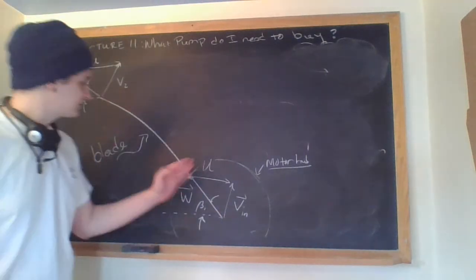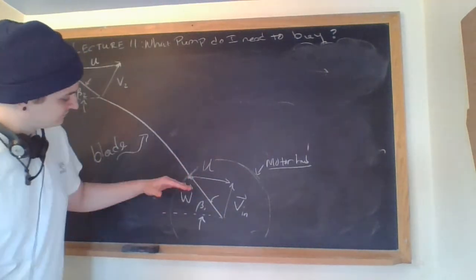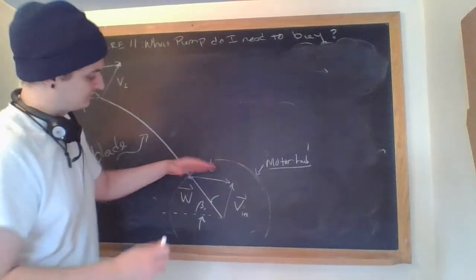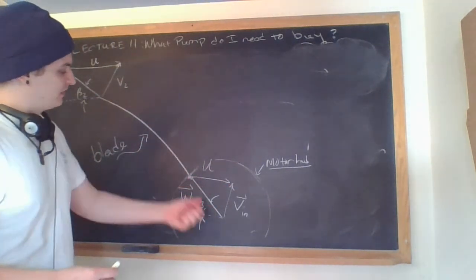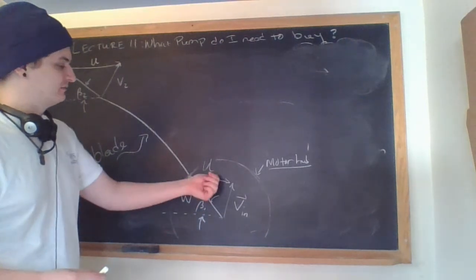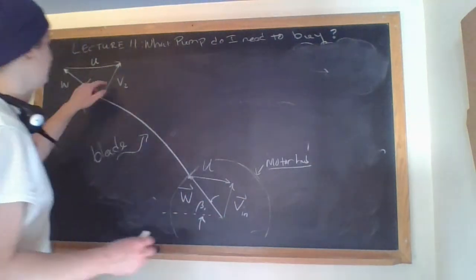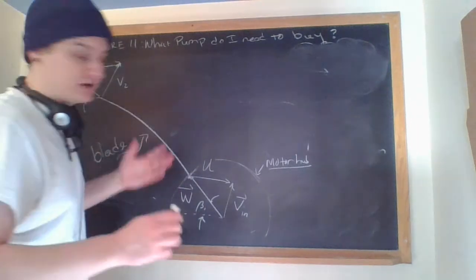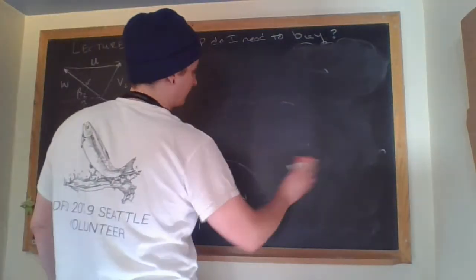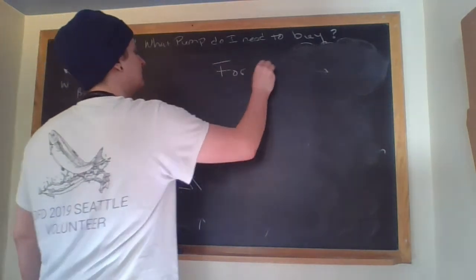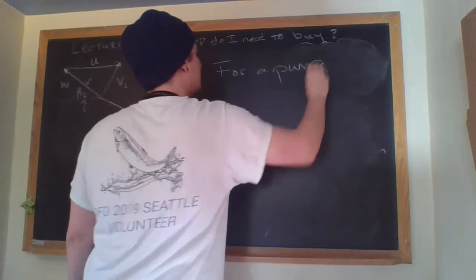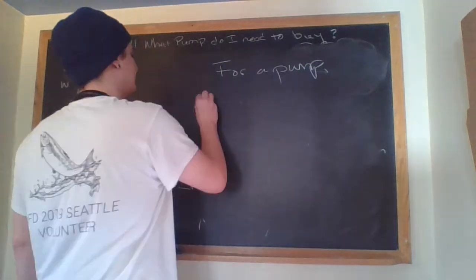So tangential, it should be this way, actually. Sorry. But that's the idea that it goes in, there's a W in, U in, it gives you a V in, and then you have a V2 out. So fundamentally, for a radial pump, the whole point is what? That.